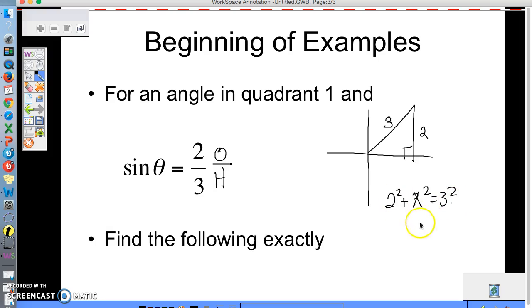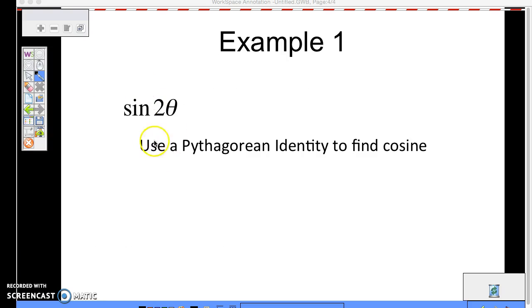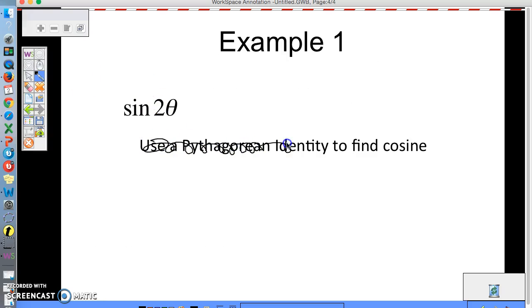So 9 minus 4, so x squared is 5. So this side length is root 5. And now what we're going to do is we're going to start finding all of these. So our triangle, we had 2, 3, and root 5.